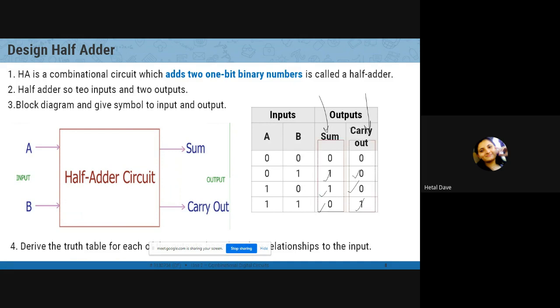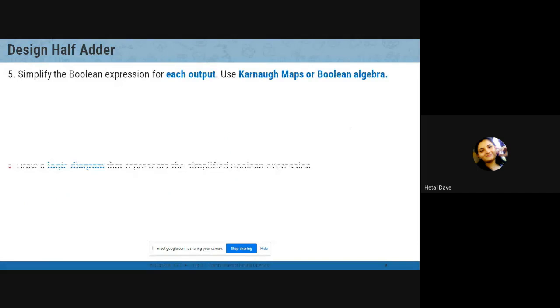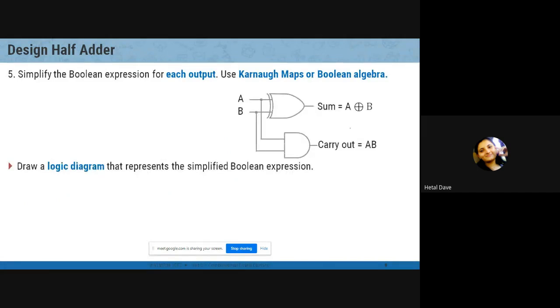So, by means of this observation, I can draw this circuit. In my circuit, the 2 inputs are named A and B. A and B are given to an XOR gate. The output of the XOR gate is sum. Both inputs A and B are also given to an AND gate.